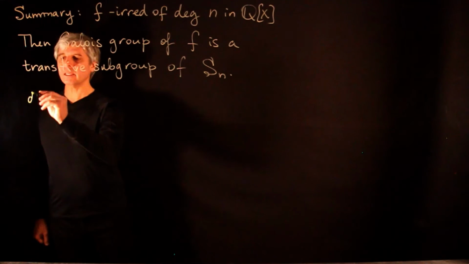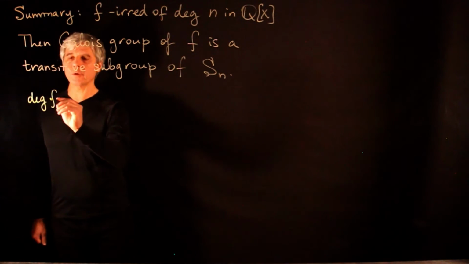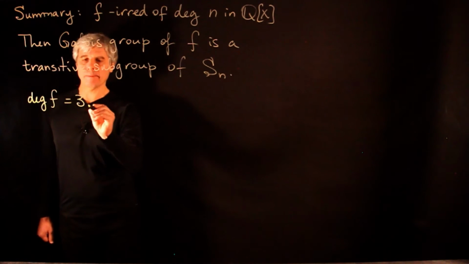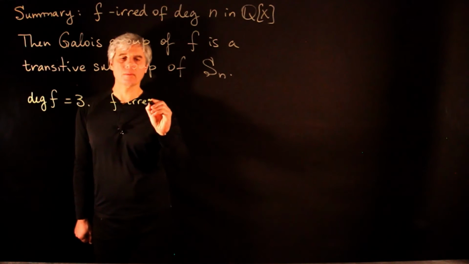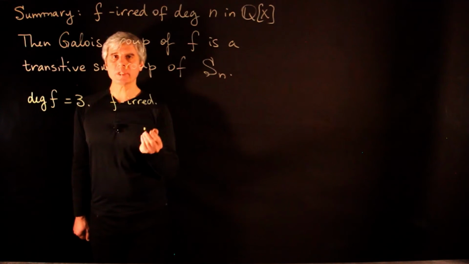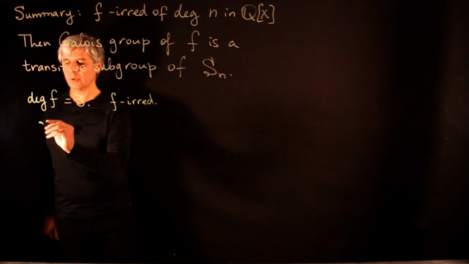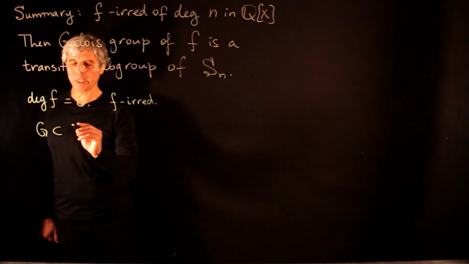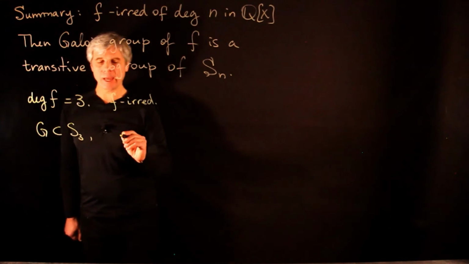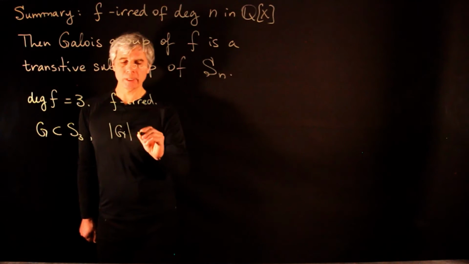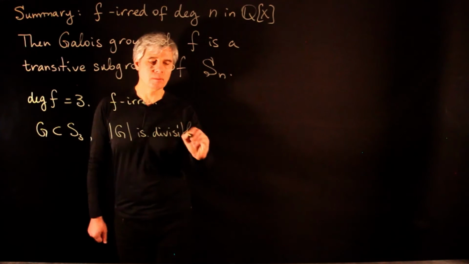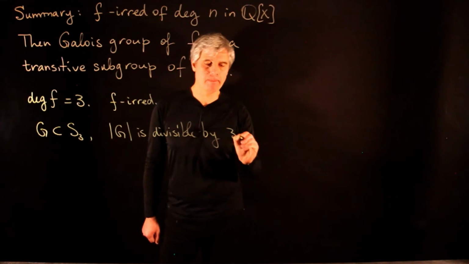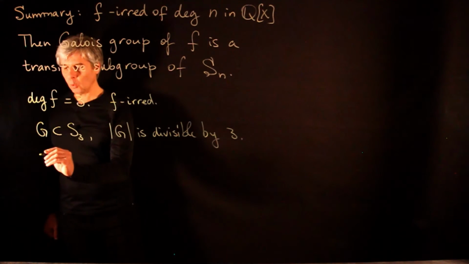Let us consider the case when the degree of our polynomial is equal to 3, and of course, f is irreducible. What can we say about the Galois group? So the Galois group is a subgroup inside S3, and the order of this group is divisible by 3. Then we have two options.